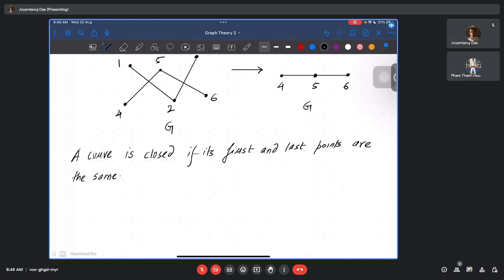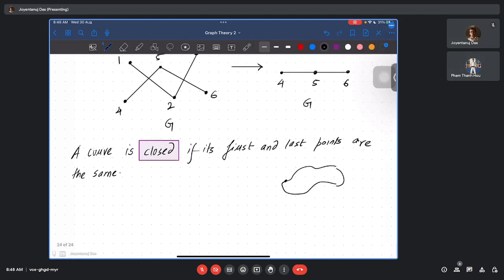For example, here you start, you draw a curve, and you come back. If the first point and the last point are the same, then we say that the curve is closed. This is a natural definition.